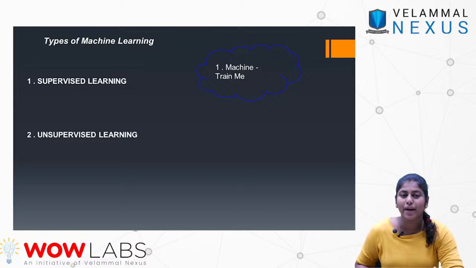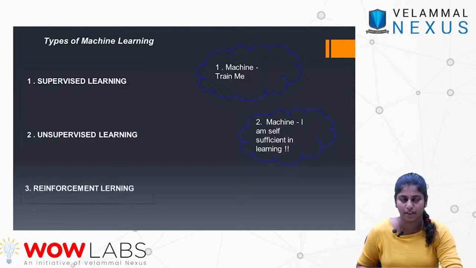You don't explicitly train it, but it finds a pattern from the data itself. So that is "I am self-sufficient in learning." The third one is reinforcement learning. It learns from the trial and error method. Yeah, my life, my rules. So it learns from trial and error.